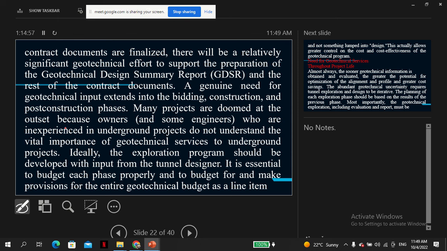Actually, not only in tunnel engineering, but also, I think for the case of Kenya, it is an unfortunate case. Sometimes you get clients, and you tell them they need a thorough investigation, but the amount they are willing to pay is nothing.